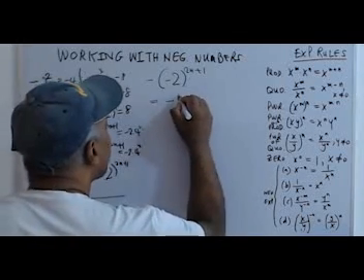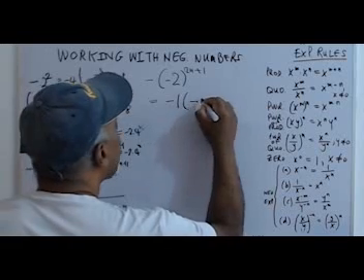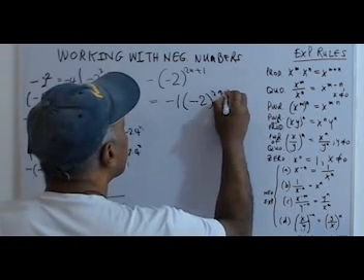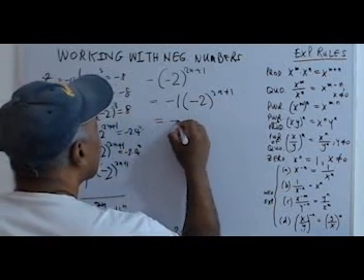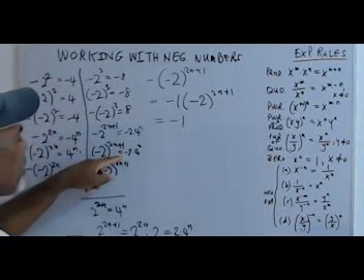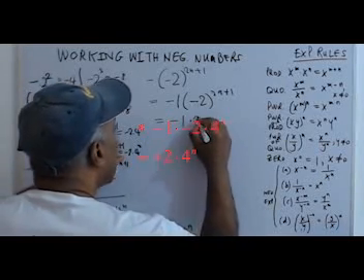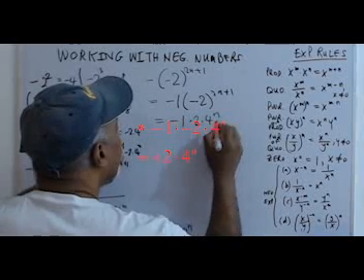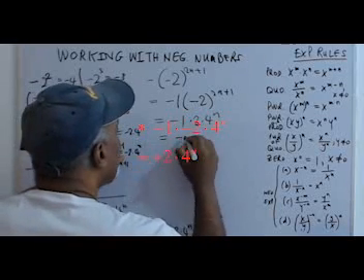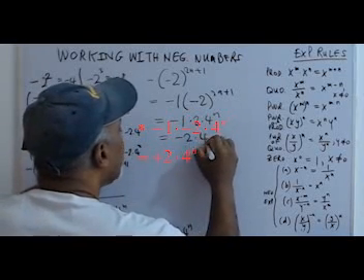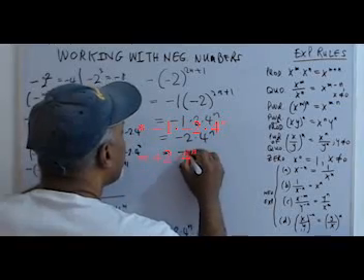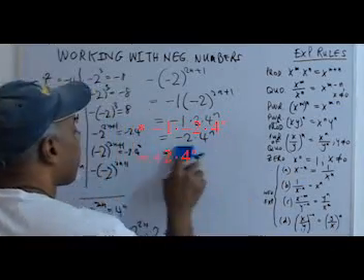This is equal to negative 1 times negative 2 to the 2n plus 1. So from here, we know that this is negative 2 times 4 to the n. Negative 1 times 2 is negative 2. So, we finished.